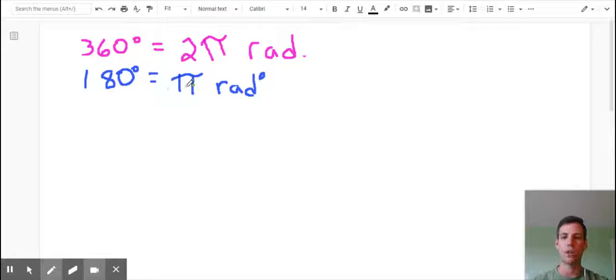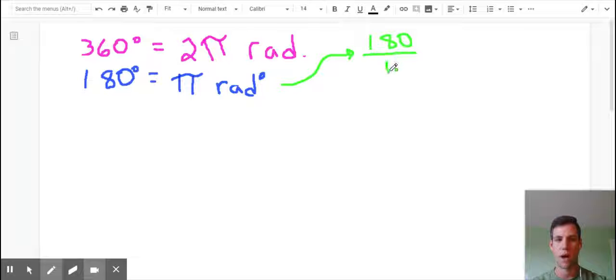If I wanted to use this, one way I could write it is if I divided both sides by pi, I would get that 180 degrees over pi would be equal to 1 radian.